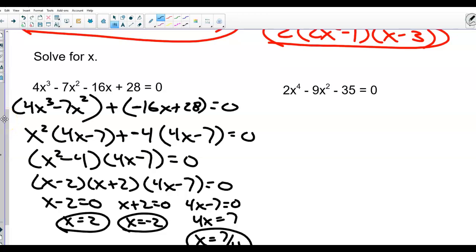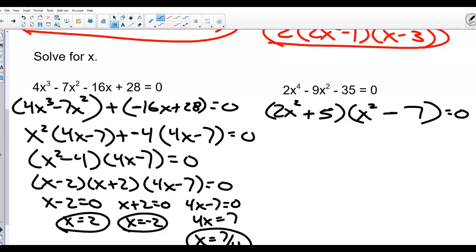Here I'm factoring normally, only it's going to be an x to the 4th. 2x squared and x squared. My factors of 35 are 7 and 5. We have a negative here, we have a positive here. And we're setting each parenthesis equal to 0. 2x squared equals a negative 5.